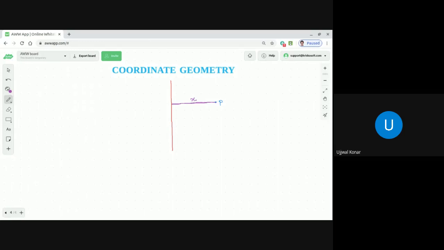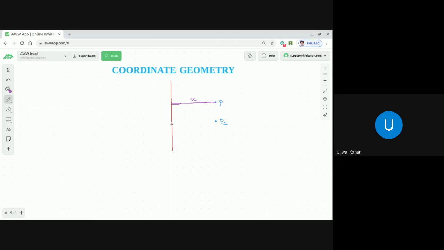But that statement cannot uniquely tell where the point P is. Why, dear students? Because I can find another point P1 just beneath P, so that this distance is also x.